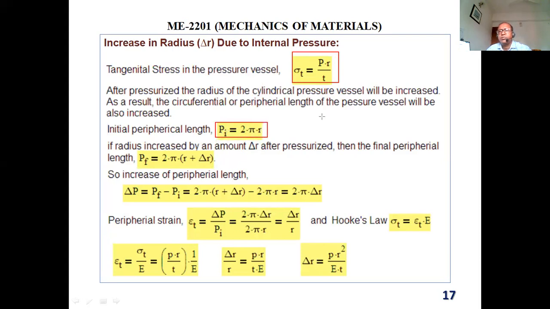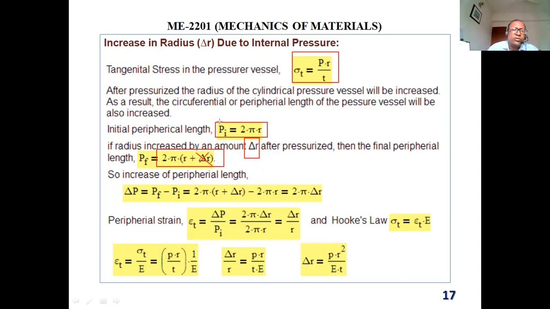P initial equals 2 pi R. And after you pressurize, the radius is increased by an amount delta R. So what will be the final peripheral length? This one, right? 2 pi into (R + delta R). Now R is increased. So what is our target? Our target is to figure out this value, this delta R.